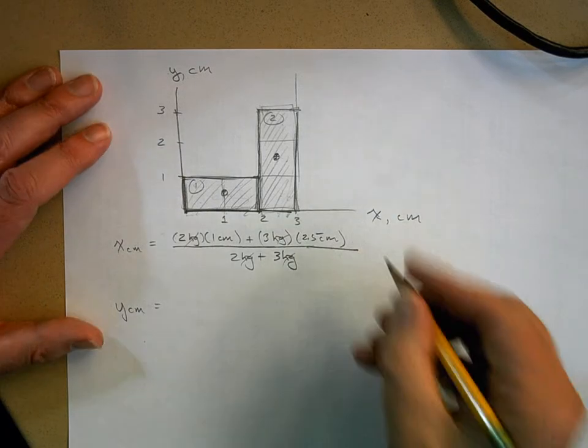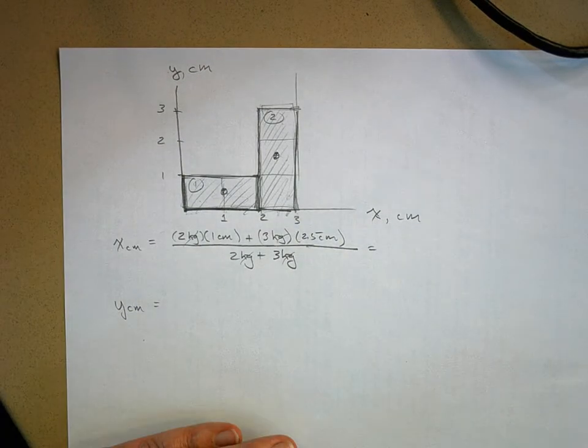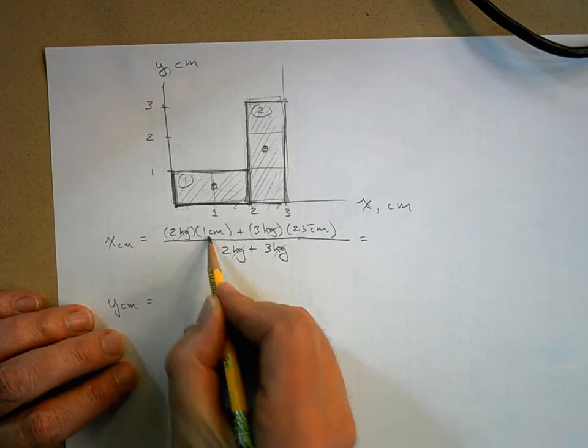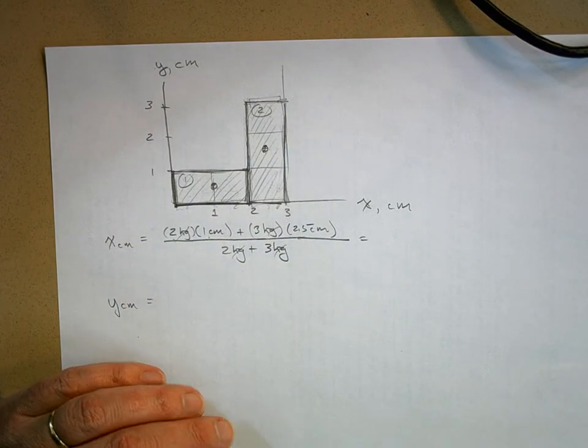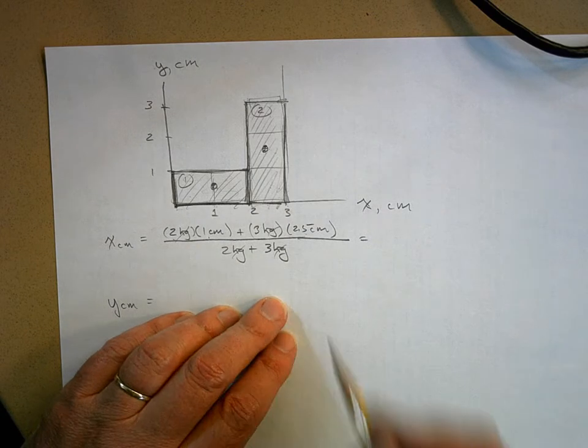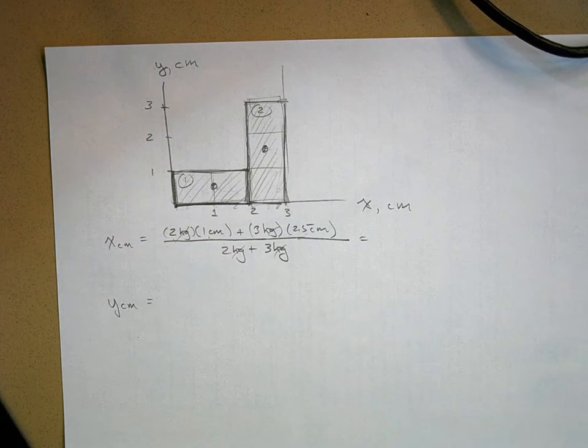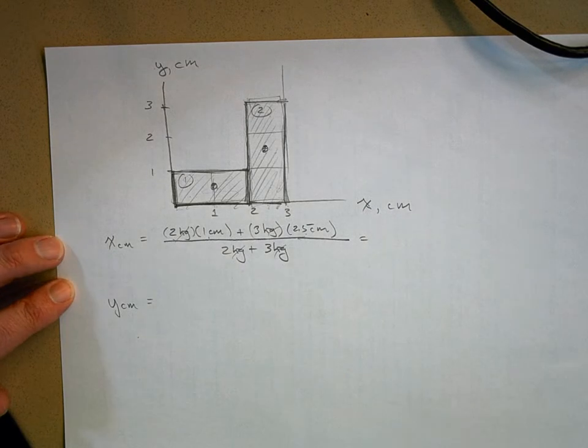Now, so let's plug those values in. 2 times 1 is 2. Plus 3 times 2.5. What is that? 7.5? Yeah, 7.5. That's equal to 9.5. And then we're going to divide it by 5.